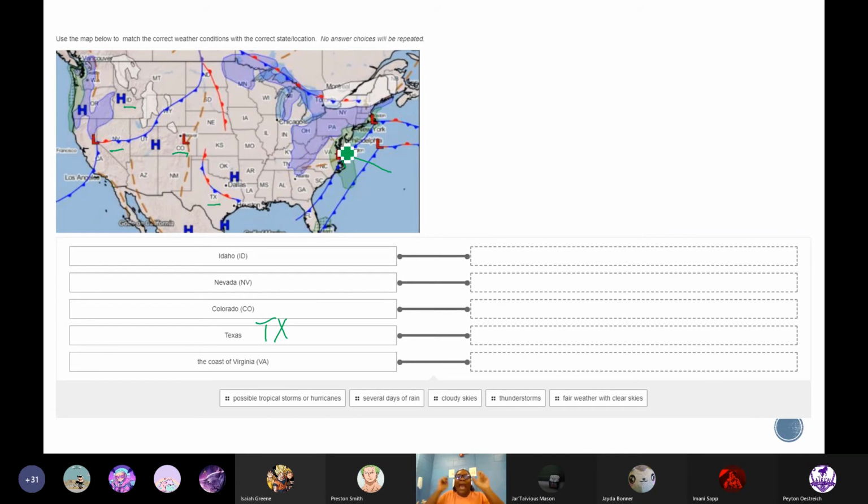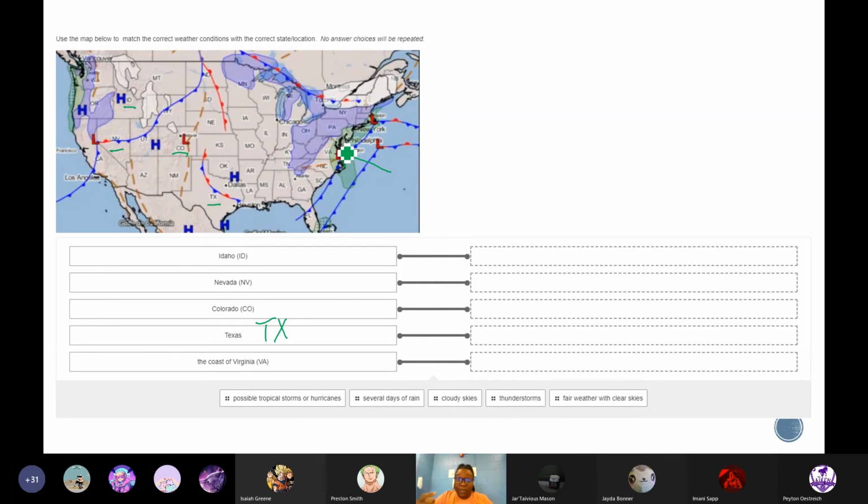When we're looking here, we've got to make sure we understand what kind of weather comes with high pressure systems and what kind of weather comes with different types of fronts. Remember, the difference between a stationary front and an occluded front is time.